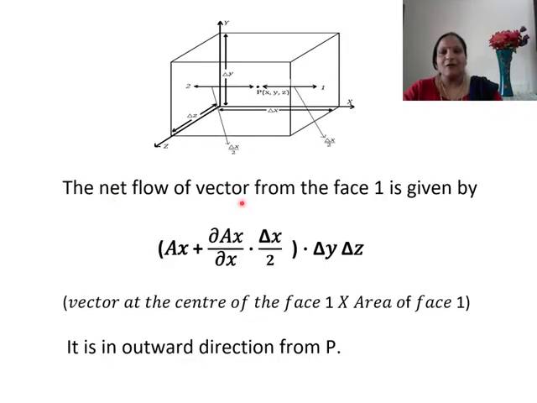The net flow of vector from the face 1 is given by Ax plus dou Ax by dou x into delta x by 2, into delta y delta z, where delta y delta z is the area of the face 1.